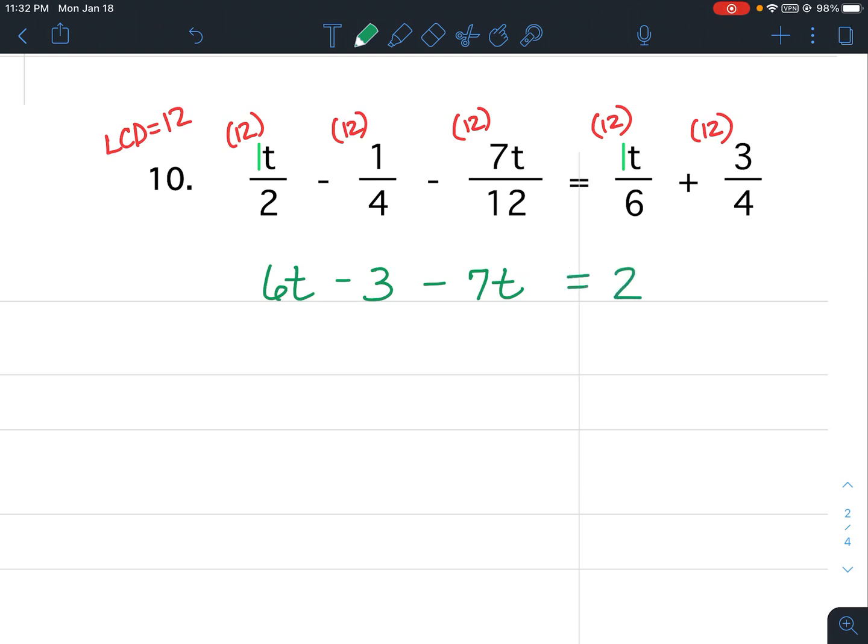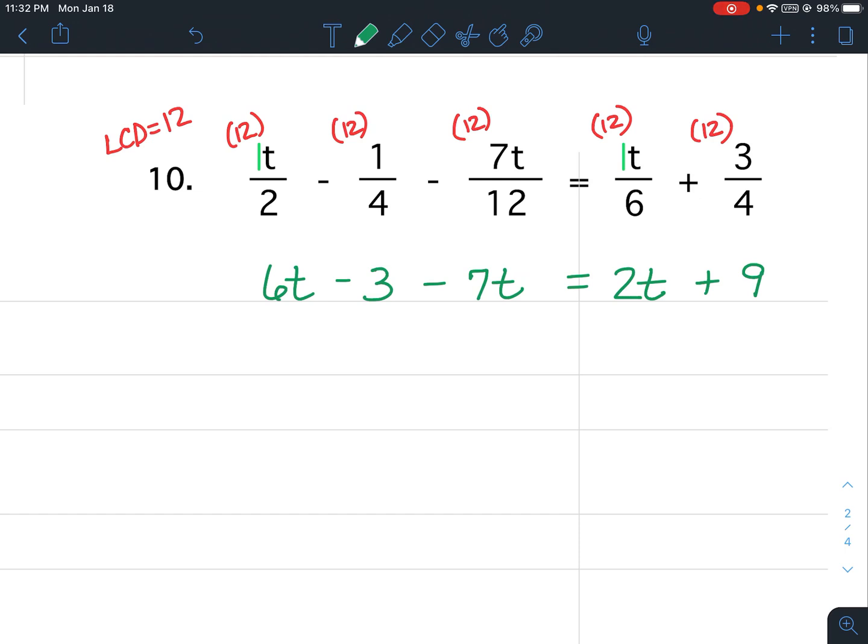So this would be 2t. Please put tails on your t's so they don't look like plus signs. 3/4 times 12. 4 goes into 12 3 times. 3 times 3 is 9. So this would be plus 9. Now again, if you were doing this on your own, please use a calculator.